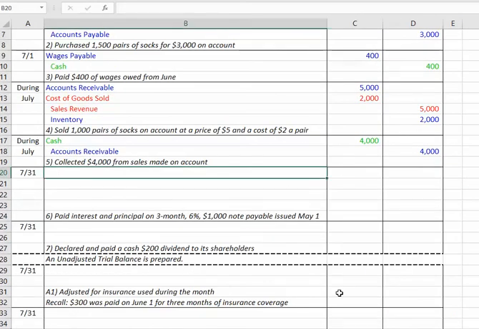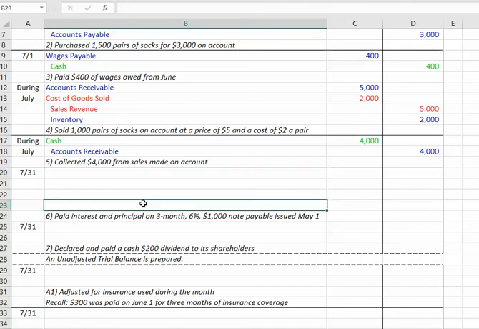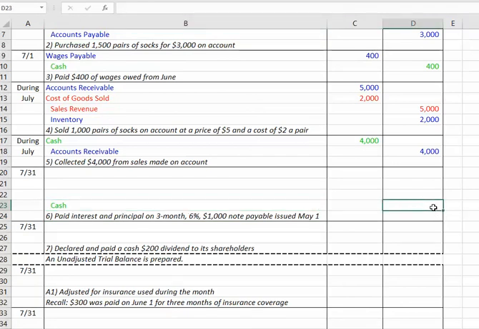Now we're going to pay off our note that we have had outstanding for 3 months. What's going to happen here is you're going to credit cash. The amount of cash we pay is we're going to pay all of the note, which is the 1,000.